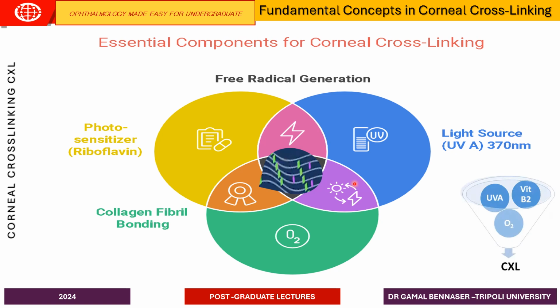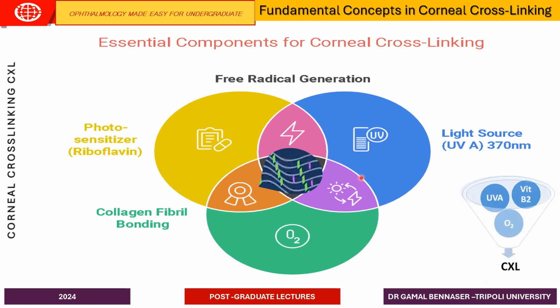Now, as far as the photosensitizer, which is riboflavin, we need to have an adequate concentration within the stroma, and since it has a large molecular size, the tight junctions of the corneal epithelium will prevent penetration of this sensitizer into the cornea in sufficient concentrations.